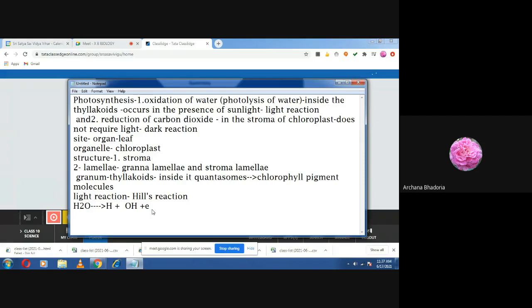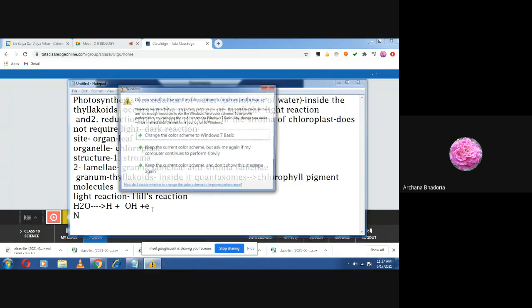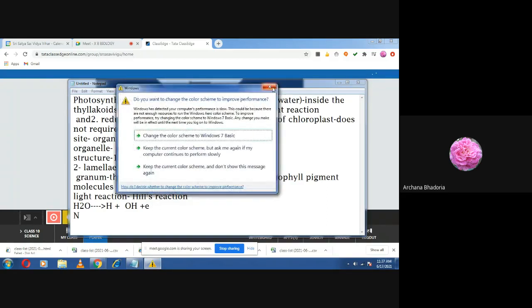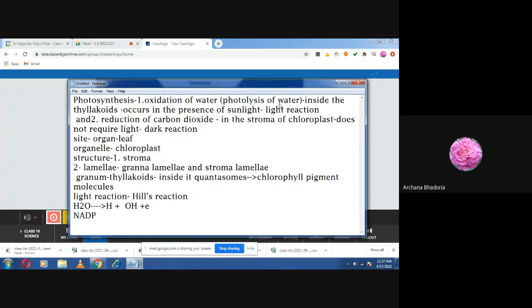Okay, so the hydrogen ions which are released here, children, will be accepted by NADP. So NADP plus the hydrogen ions which you have got will combine and you will get NADPH2.